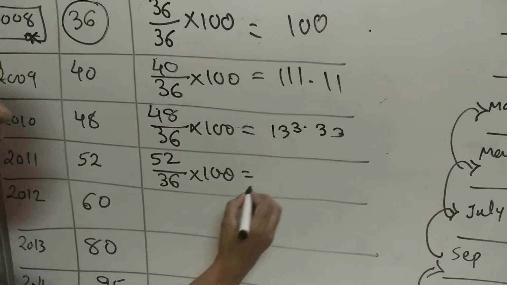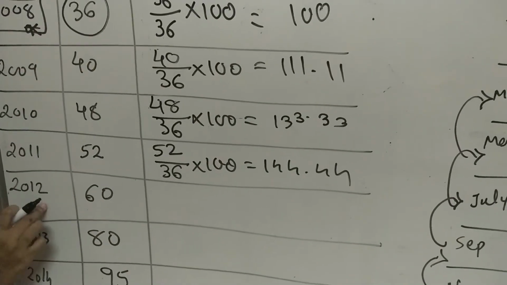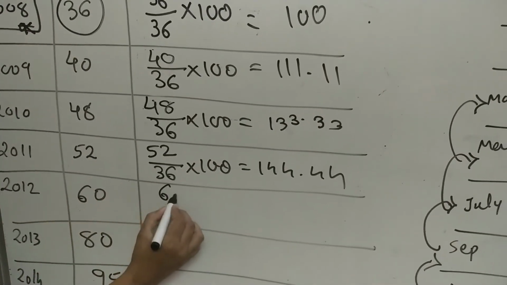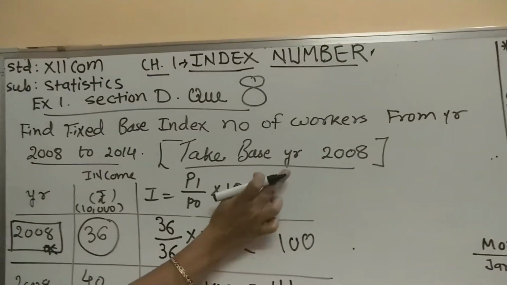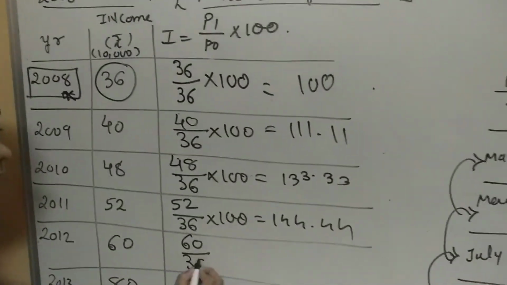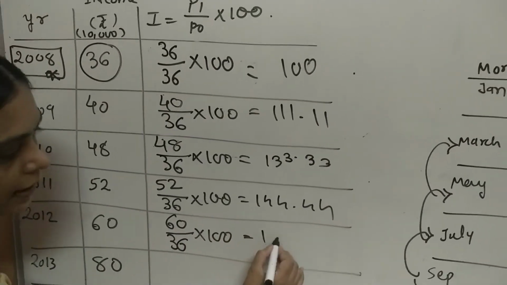Answer would be 144.44. In the year 2012, current year price 60, base year price, see this bifurcation, 2008, so 36 only, into 100.